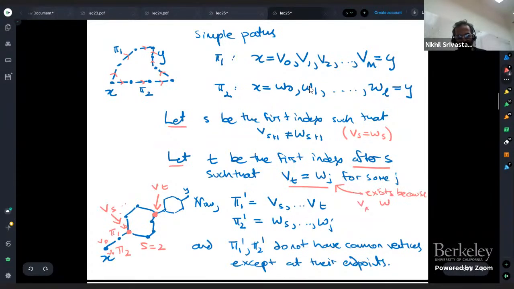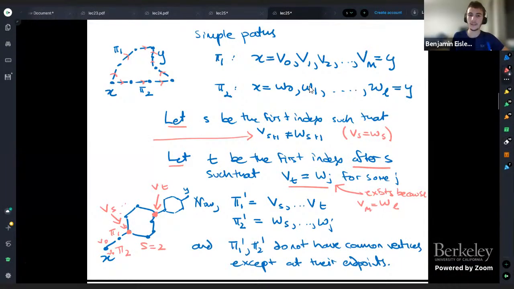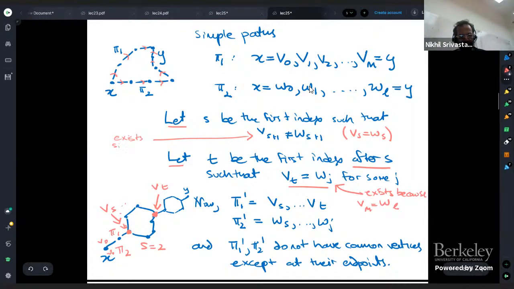V M equals WL. And again, why does this exist? Because if it didn't, pi1 would equal pi2. Yeah, exactly. This exists because the paths are different. Okay. So sometimes these things can be written implicitly, but if you want to be extremely sure, you just add a line saying this exists because of this reason.